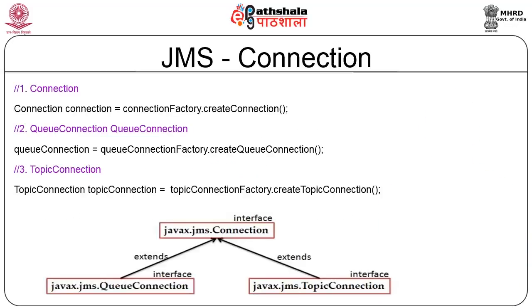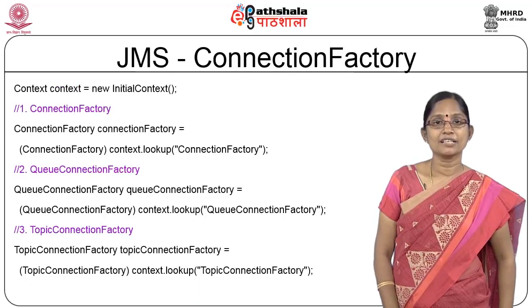Again you can see that the interface is called javax.jms.Connection. This has been extended by two interfaces, QueueConnection as well as TopicConnection. Again, based on the usage of queue or topic, we can choose any one of the connections here. The connection is created using the handle which has been created as the connection factory in the previous slide.